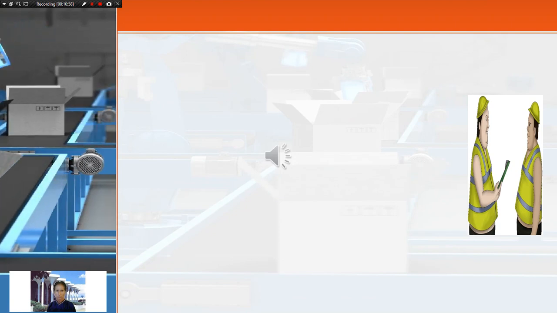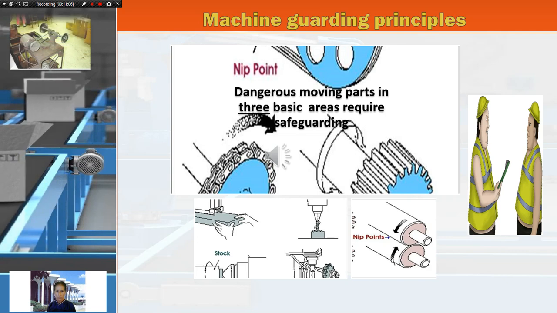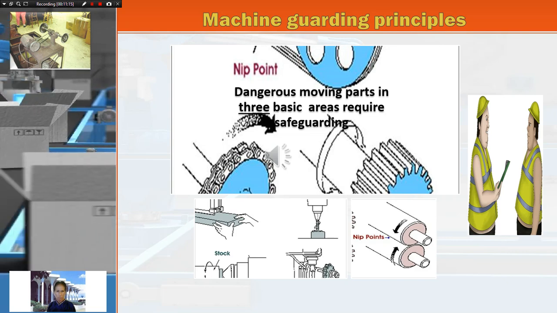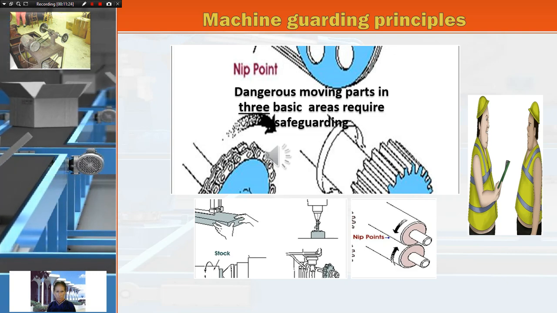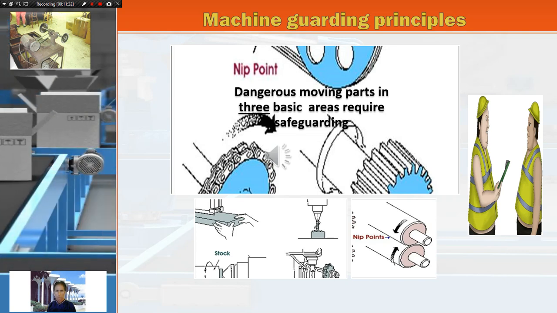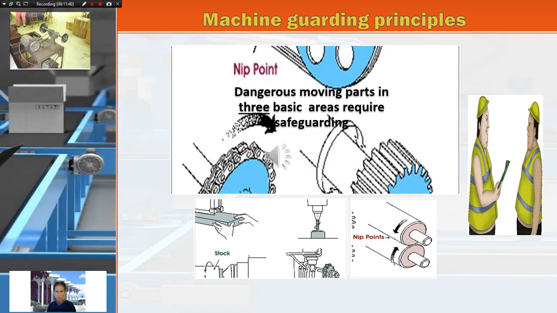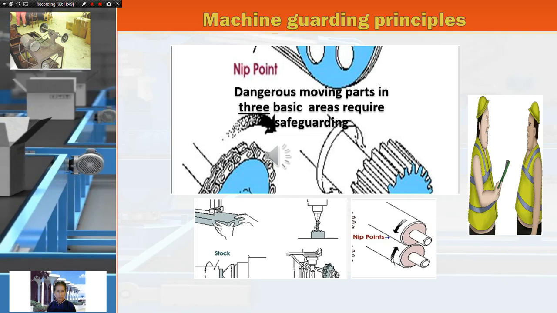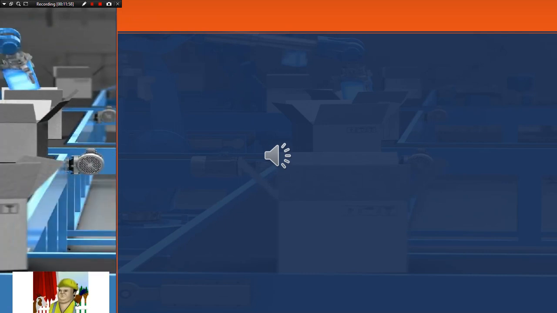Machine guarding principles. Nip points. Dangerous moving parts in three basic areas require safeguarding. One, the point of operation, that point where work is performed.